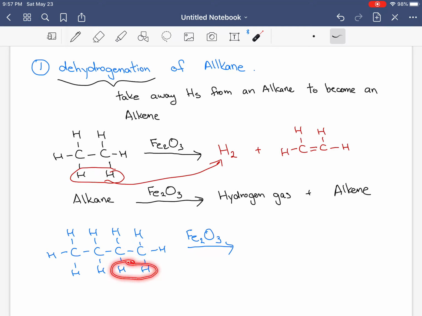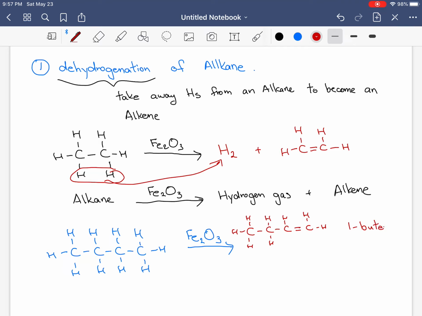So taking these two hydrogens away to form hydrogen gas will give you this compound, which we call 1-butene.